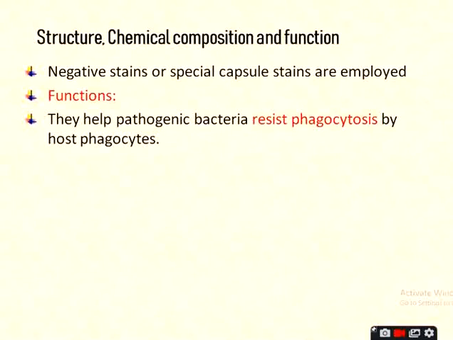But due to the presence of the capsule, the organisms become resistant and the phagocytic cell is unable to engulf the cell. That means they are resistant to phagocytosis, and the best example is Streptococcus pneumoniae.